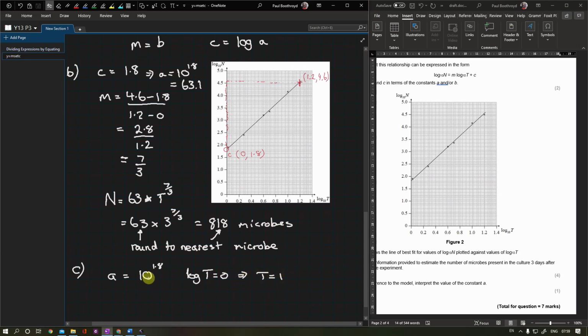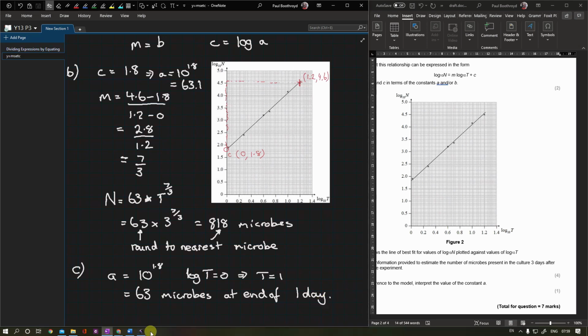So this is actually the value of microbes at the end of 1 day. It's not the same as doing the exponential graph. It's not the start, it's what's happened after 1 day.